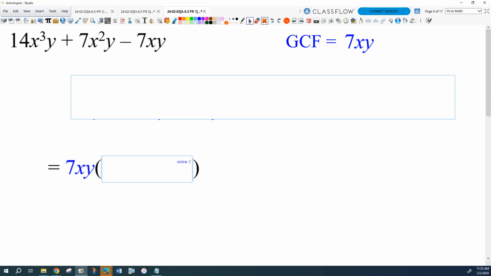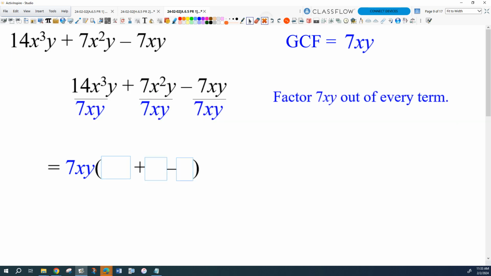Now, what's going to go down here? How about this one? 7xy times what is 14x cubed y? 2x squared. Agreed? Or we could use the division method. The y's cancel. 14 over 7 is 2.